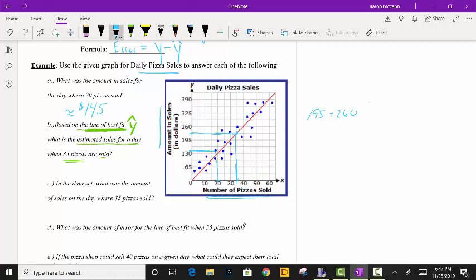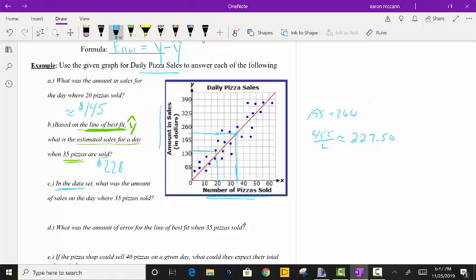And if we add those two, we get 455 divided by 2, which is approximately $227.50. Okay, so let's just make it easy and make it an even $228. So when 35 pizzas are sold, they're expected to make $228 worth of sales.